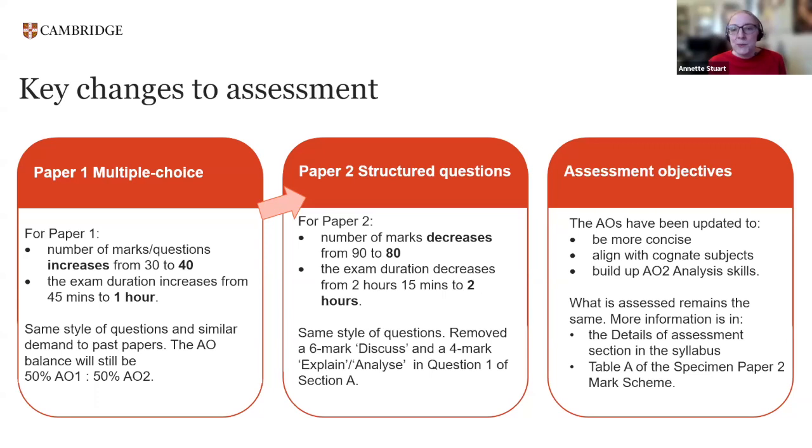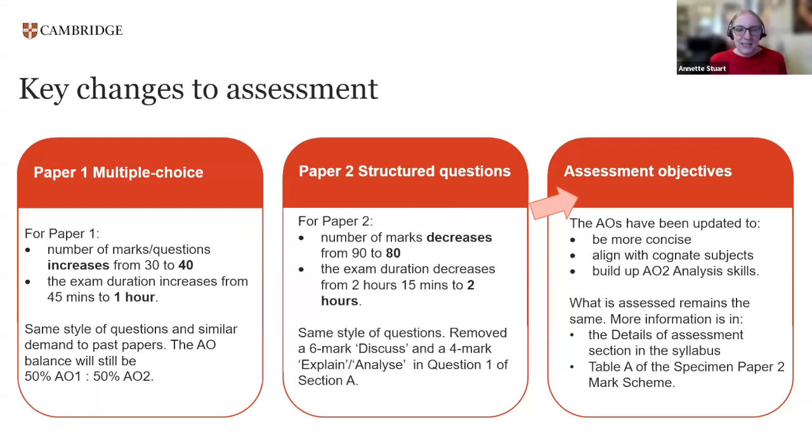AO3 evaluation will still be tested in both sections of paper 2, but most of the AO3 evaluation marks will be in section B in the discuss questions and the essay style questions. So on to the next panel, please.